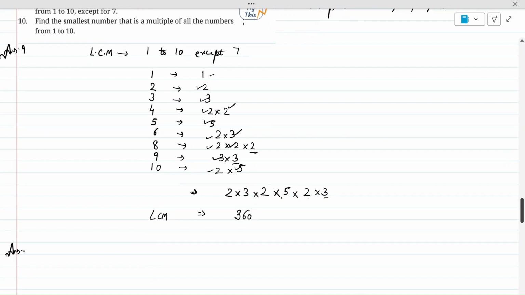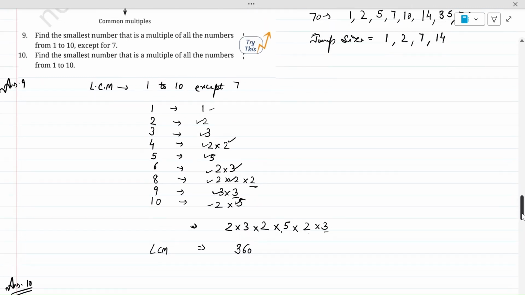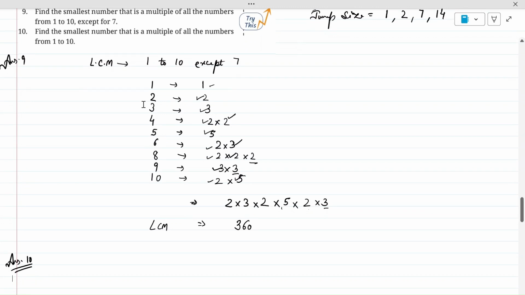And now coming to answer number 10. What is said here is that find the smallest number that is multiple of all the numbers from 1 to 10. So that means we have to include 7 also. So kids, we have LCM with 360. Okay, and now we have to include 7 also, which is nothing but LCM of both of these.